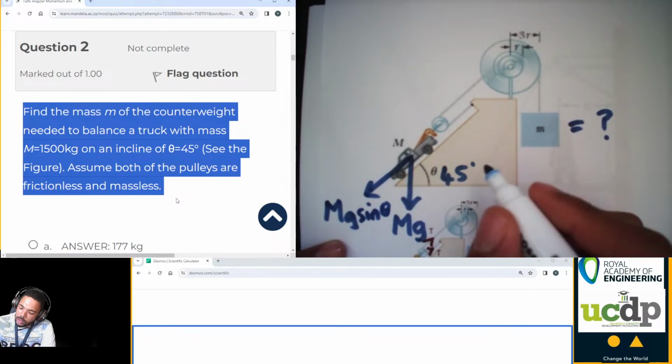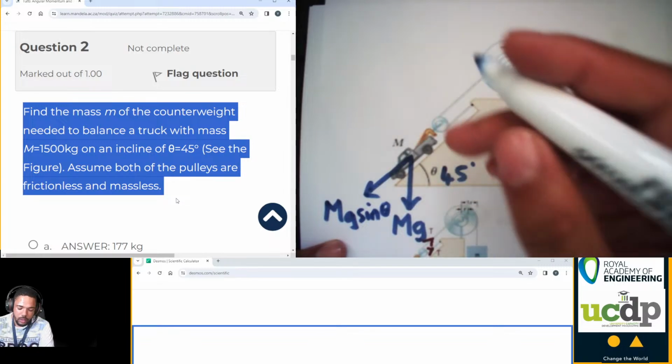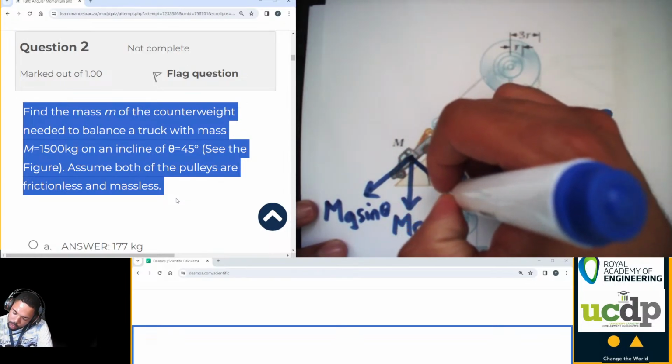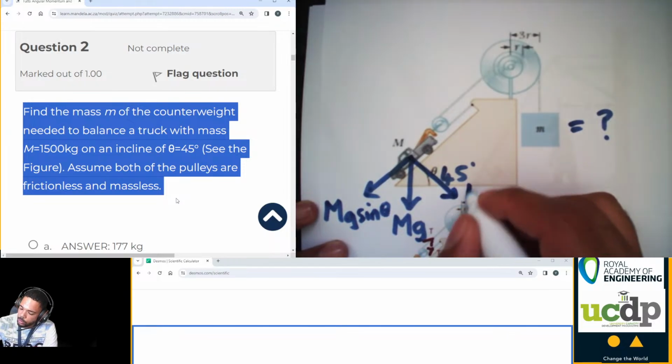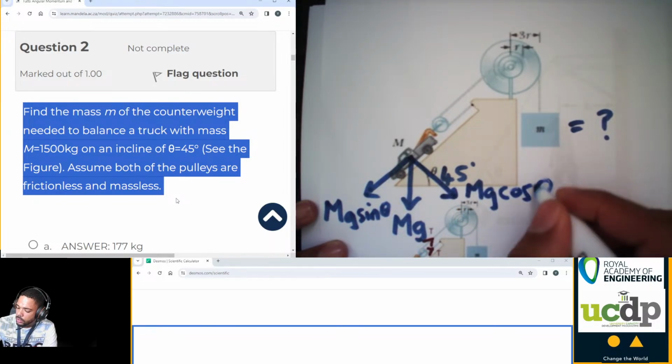So that's the parallel force. And then we also have the force that is going downwards, perpendicular to the slope. That force is the weight mg multiplied by cos theta.